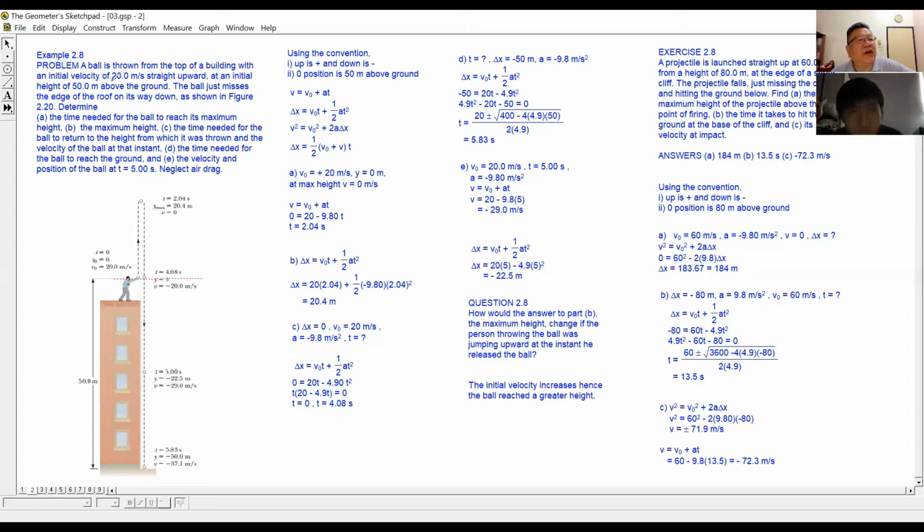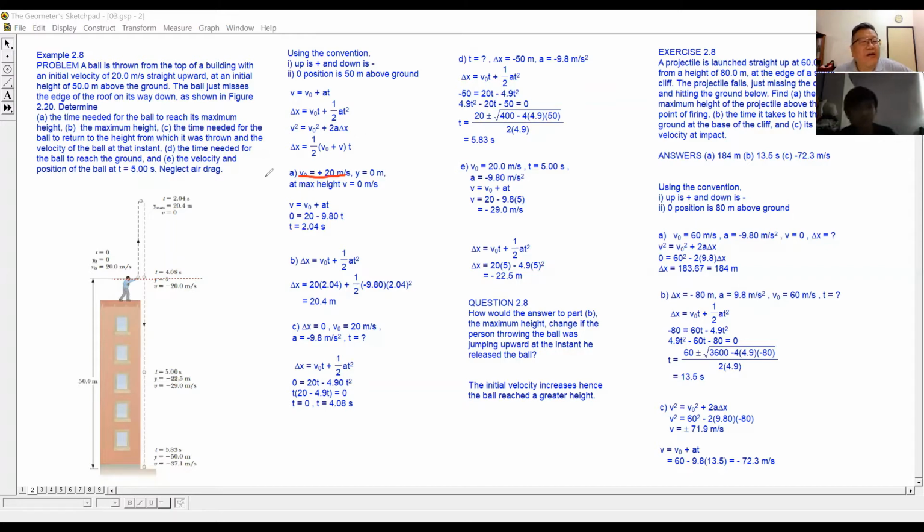Initial velocity 20 meters per second, I convert to v naught is positive 20. Why v naught? Because this is the initial velocity. Why positive 20? Because we agree our convention is moving upward means positive. So I write down v naught positive 20.